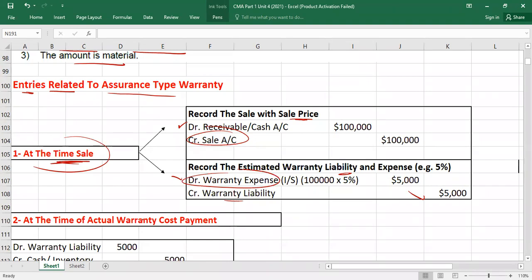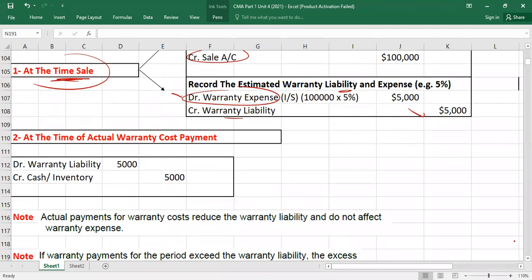Now, guys, we have to remember that this entry is passed. These two entries are there now. Now you have to wait. I'm explaining only entries first. Then I will take you to the example, and I will explain through the example also. Now, guys, at the time of actual warranty cost payment, I'm assuming this warranty is for 1 year. And I'm also assuming you have only one warranty account, for example, or only one sale, just for the sake of simplicity.